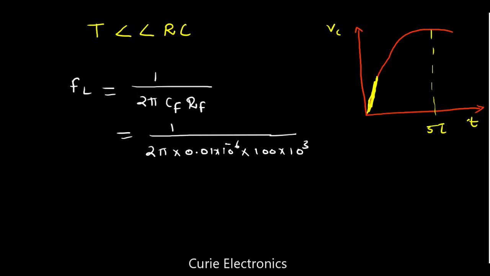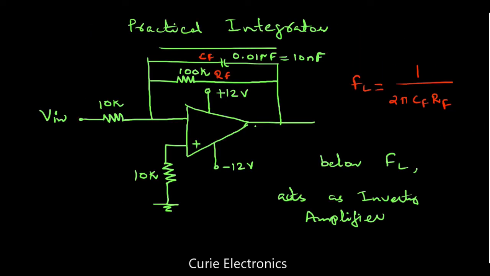If you simplify this, we get 159 Hertz. That means below 159 Hertz, this circuit acts as a simple inverting amplifier. Above 159 Hertz only will it work as an integrator. But to work as an integrator properly, you should go to at least 1 kilohertz. I have checked with the 1 kilohertz frequency.